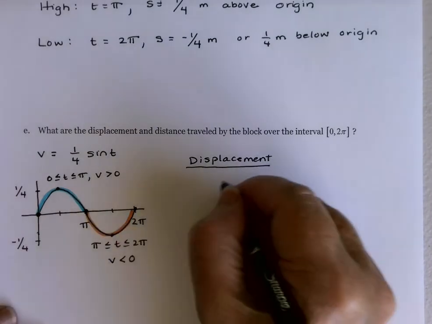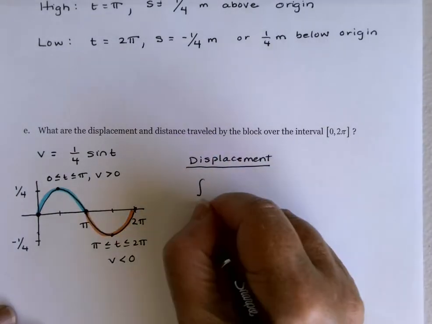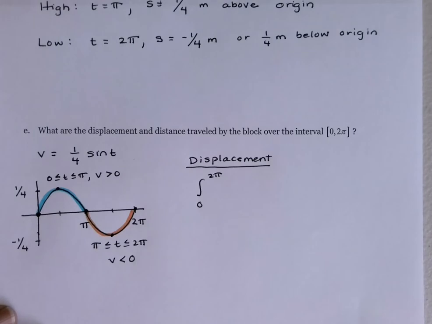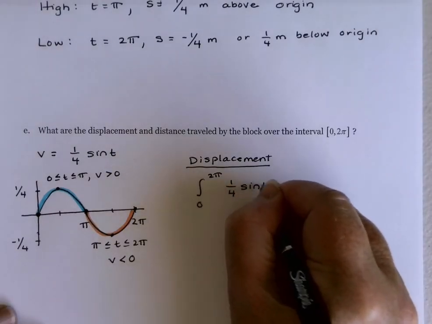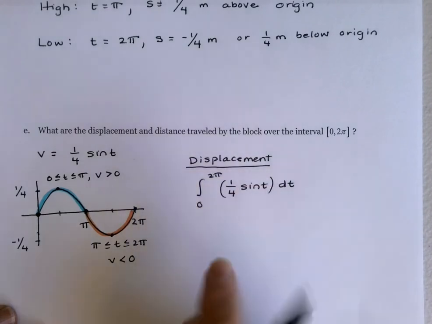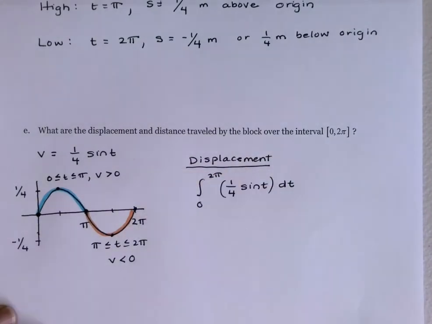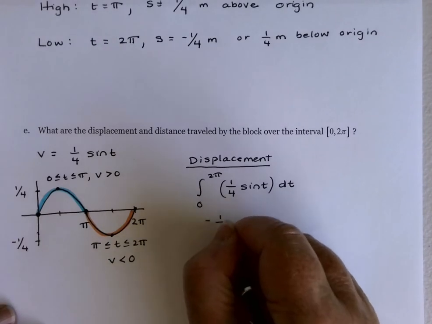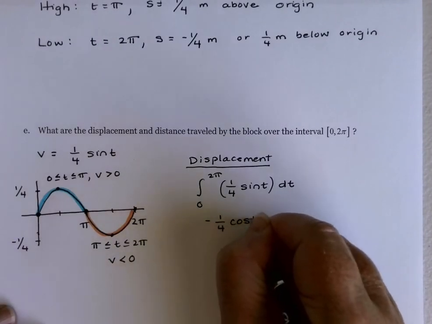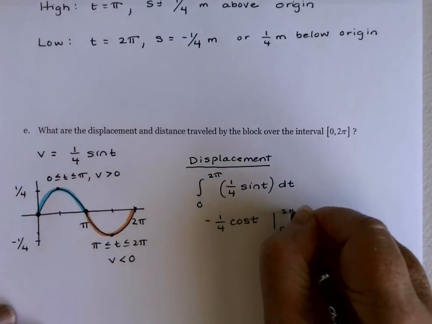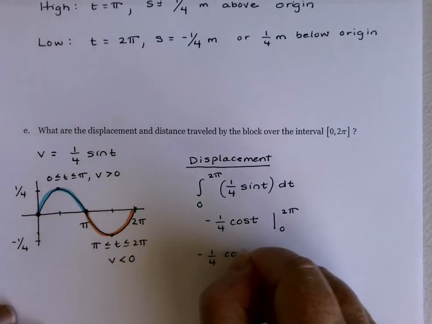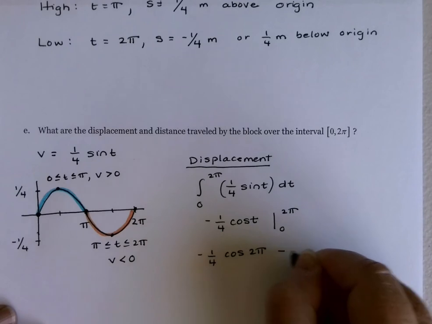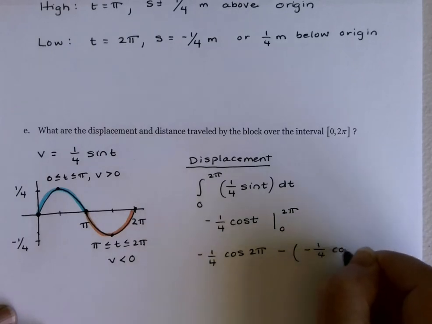Let's calculate it, but I think we already know what's going to happen. So our displacement is the integral over our time interval, 0 to 2 pi, of the velocity function, 1/4 sine t dt. Notice I do not need absolute values because this is displacement, not distance. Integrating that is going to give me -1/4 cosine t from 0 to 2 pi would be -1/4 cosine 2 pi, subtract -1/4 cosine 0.